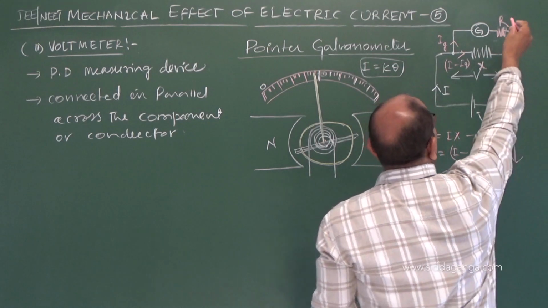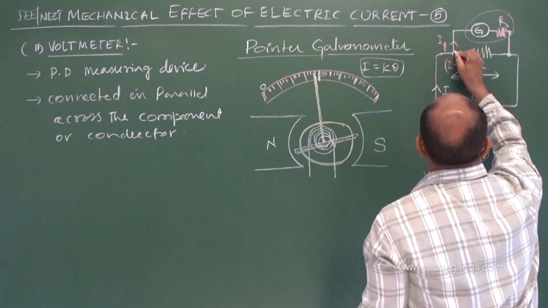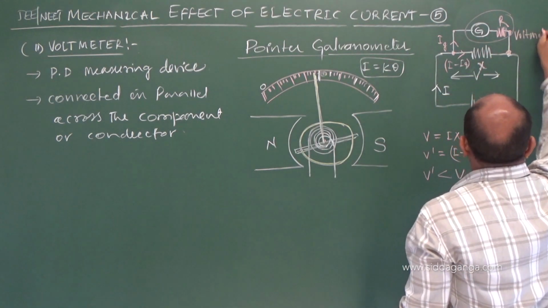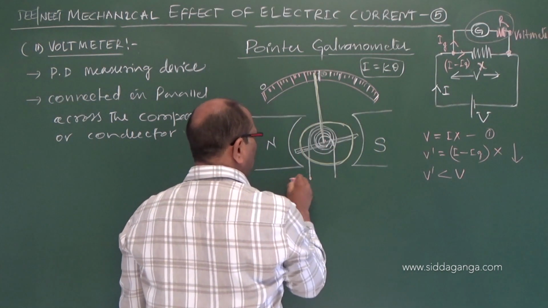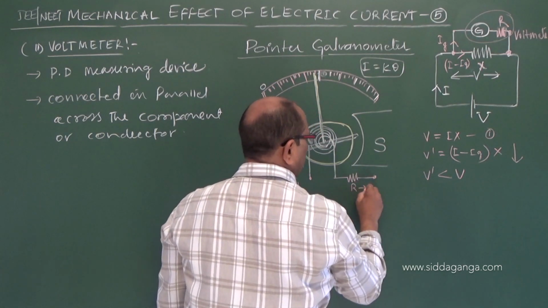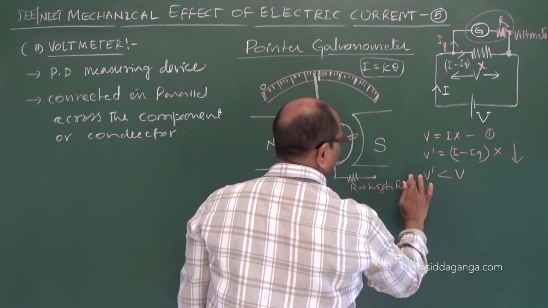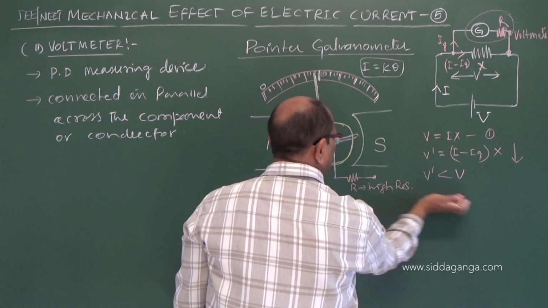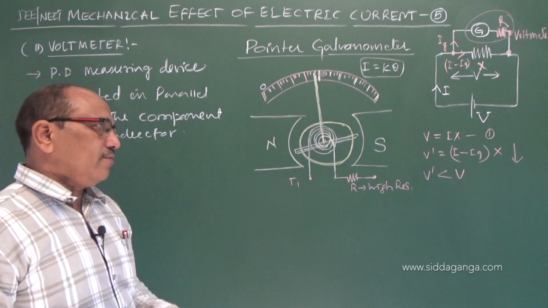This conversion, with terminals here, we call a voltmeter. This is the terminal T1. At one end I connect a high resistance in series. With this conversion, it is called a voltmeter.